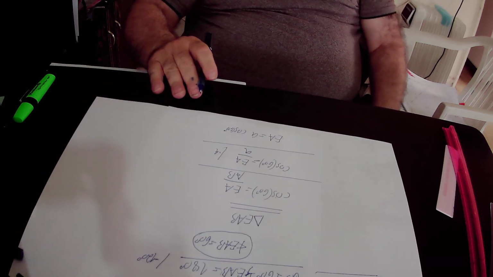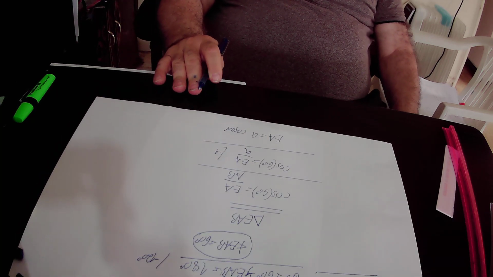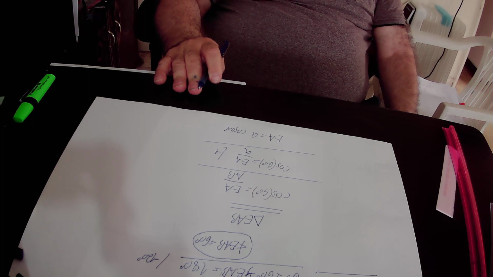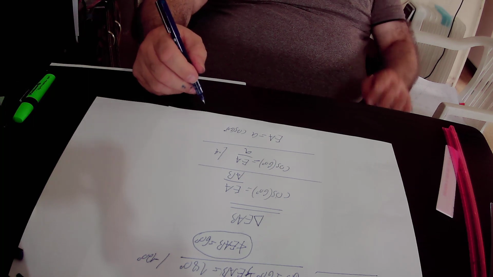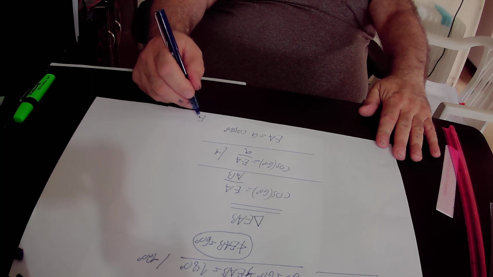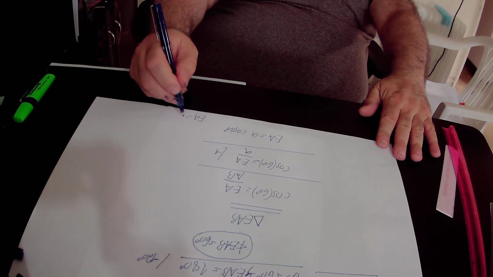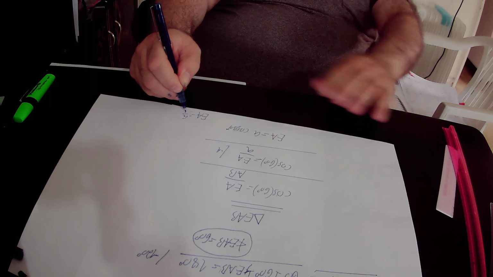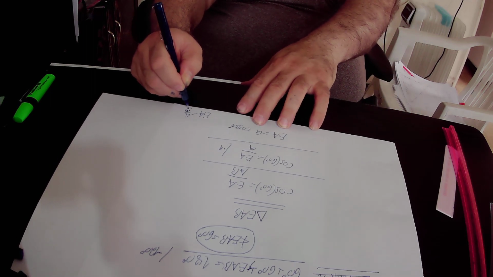But we know that cosine 60 degrees equals 1/2. So we substitute cosine 60 degrees by 1/2, and we get that EA equals A over 2.